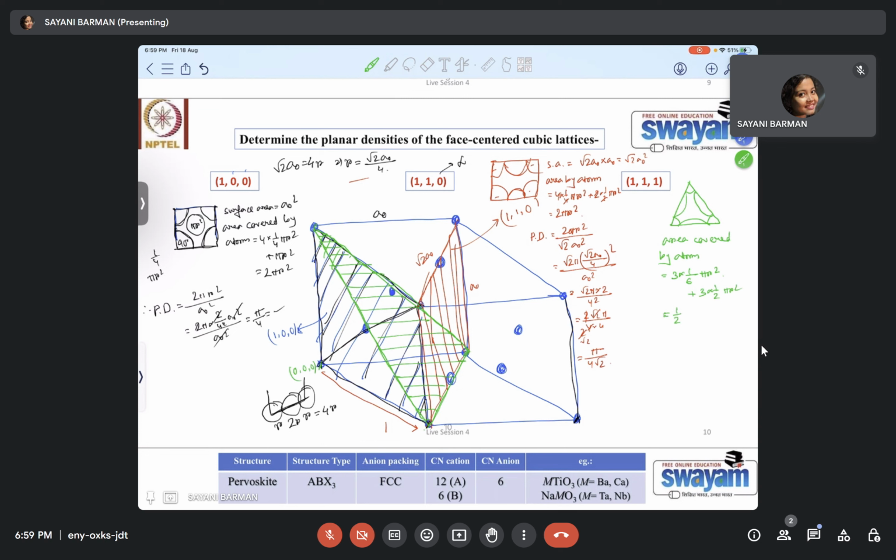That is 1 by 2 plus 3 by 2 pi r square, which gives 2 pi r square.